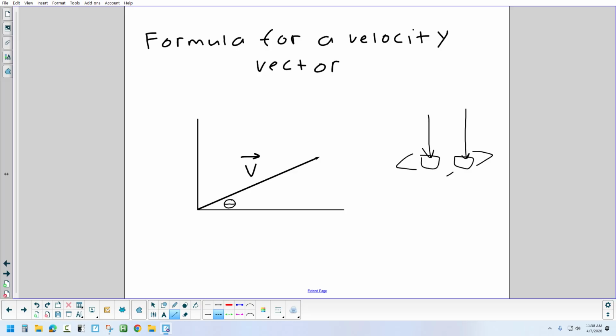Any guess? Right now the vector is on a slant. We need to break it down into a left-right and an up-down, kind of like the i and j kind of thing. Yep. Triangle. We're going to make a triangle out of it.